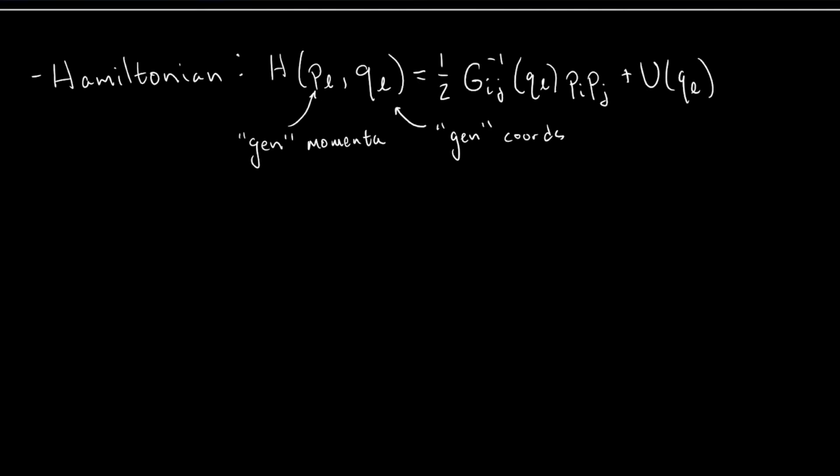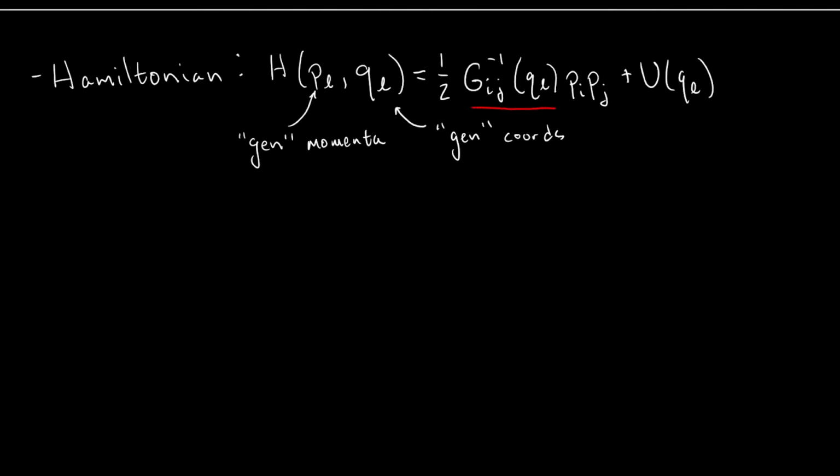And a final note is that we are, of course, using the summation convention, where if you see a repeated index in a product, that means that index is summed over in that product. Okay?